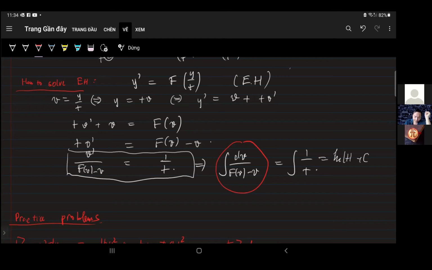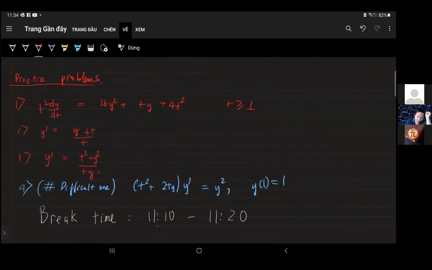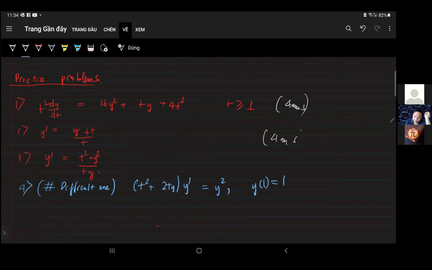Okay, so now we have 4 practice problems here. The plan is, again, this is a little bit hard, so I give you 4 minutes for that, and 4 minutes for that, 3 minutes for that. This is easy. 3 minutes for that, and this is a little bit hard, but it's not that hard.